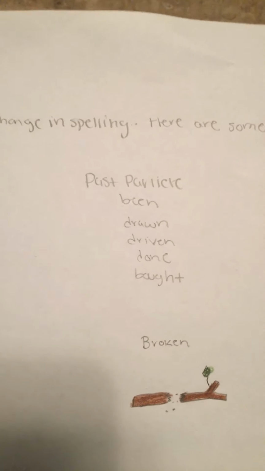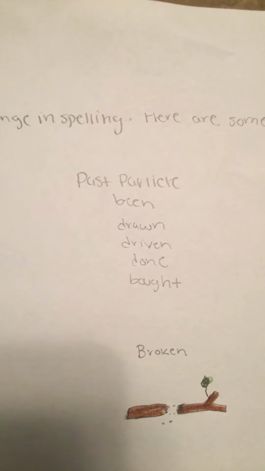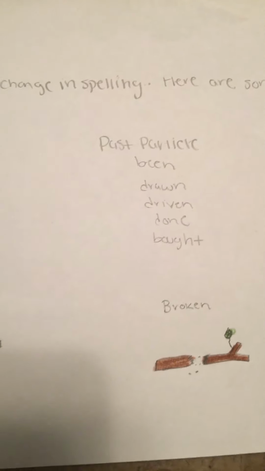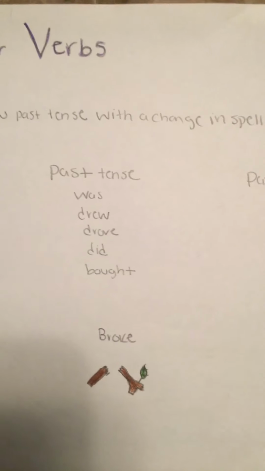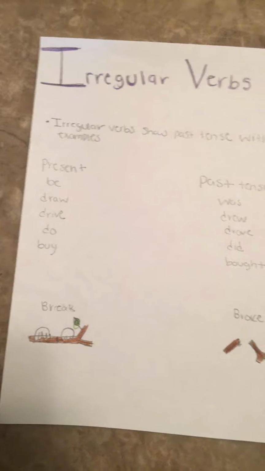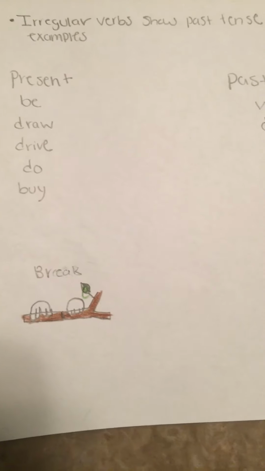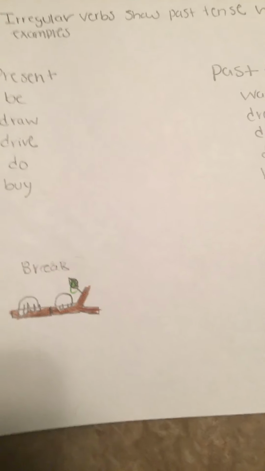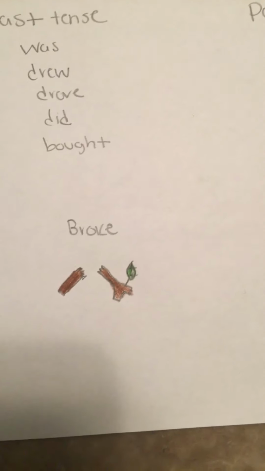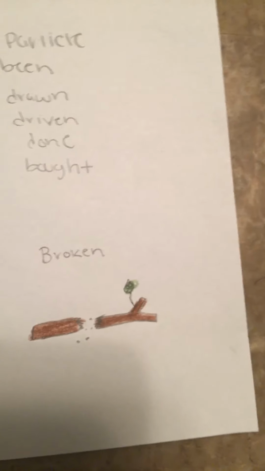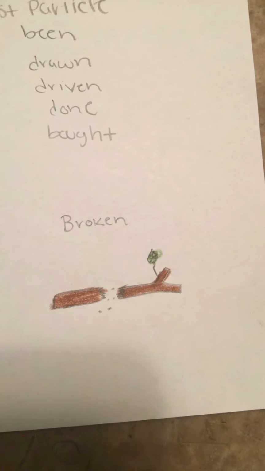And the past participle is been, drawn, driven, done, and bought. You see that some of them have changed in spelling. Okay, and here are my examples. Break. See the hand, he's breaking the stick. Broke, where the stick has been broken, and it's just broken. See, it's cut in half.